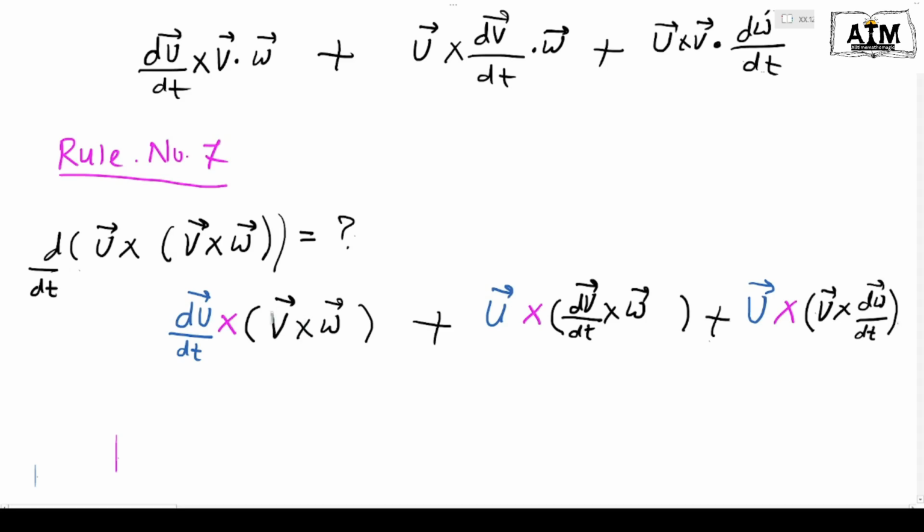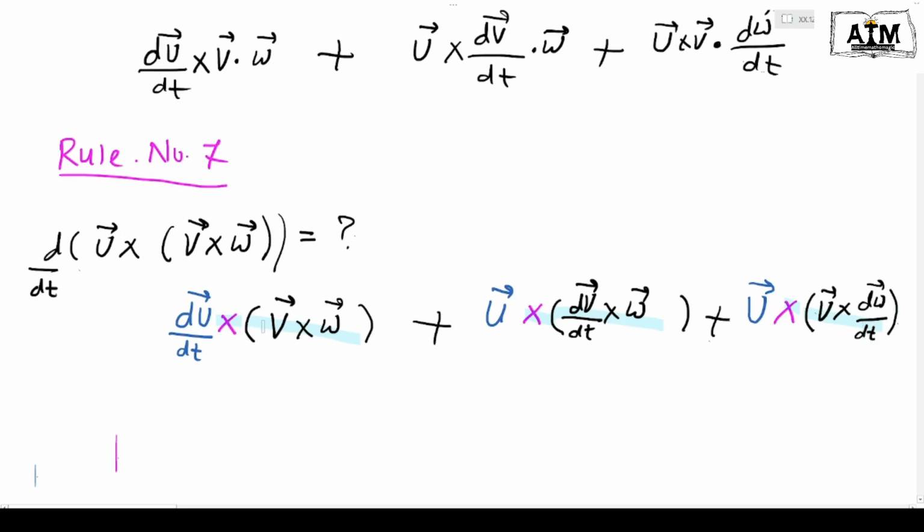So the technique was that first we write the 3 brackets, first bracket, second bracket, and third bracket, and cross before every bracket. Then we write here the du by dt, the derivative of vector u with respect to t, and in the first bracket v cross w. In the second bracket, the derivative of vector v with respect to t cross w, and in the last bracket vector v cross dw by dt.